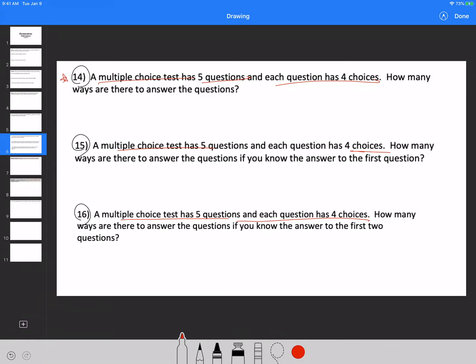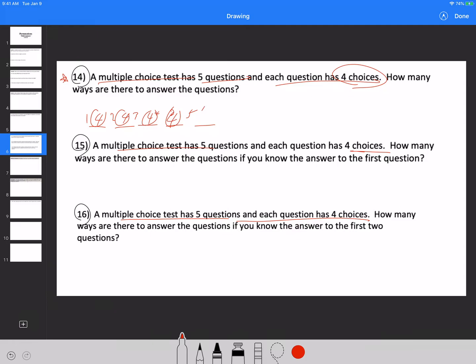A multiple choice test has 5 questions. Okay, so it's 1, 2, 3, 4, 5, and each question has 4 choices. How many ways are there to answer the questions? So if you were to guess 5 questions that have 4 choices in it, how many ways can you do this? Well, because for question 1, 2, 3, 4, 5, all that matters is the way that you answer these questions, there are going to be 4 choices for each of them.